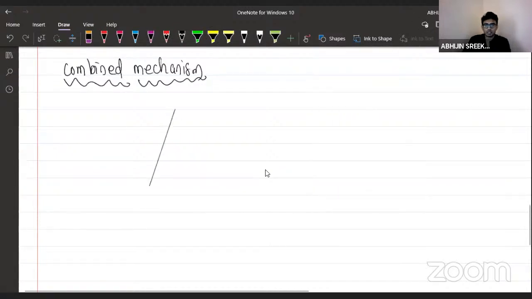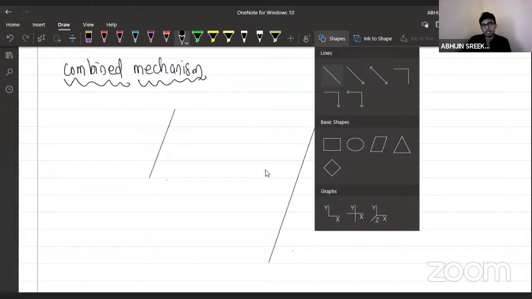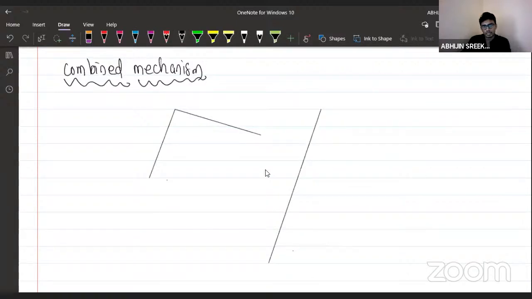Those who know how to draw it, try to do it. Very easy actually. This is the combined mechanism. I'm going to maintain a 90-degree angle here. And here you have to remember the possible locations of the plastic hinge. That's the point where you have to be very careful.